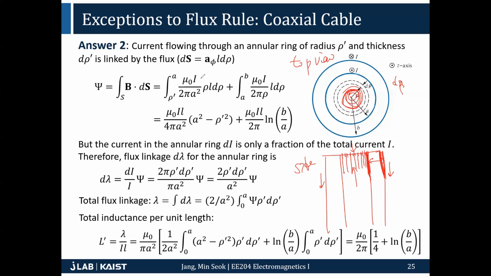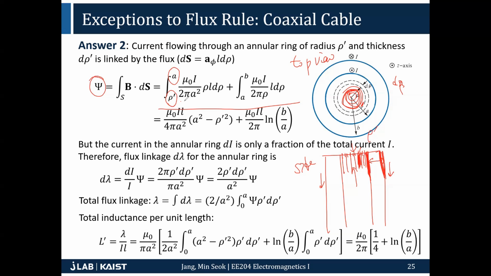So if we calculate the magnetic flux for each of these smaller cylindrical shells with radius rho prime, we can do this calculation, right? So from rho prime to a. So rho prime is smaller than a because it's a shell inside. Then evaluate B dot dS.